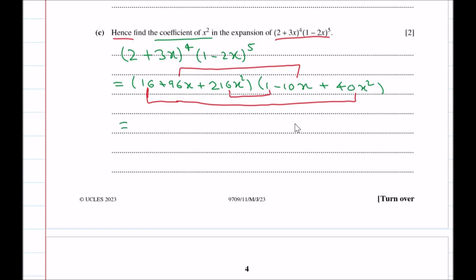So 16 into 40x square, we get 640x square. Now 96x into minus 10x, so we get minus 960x square.